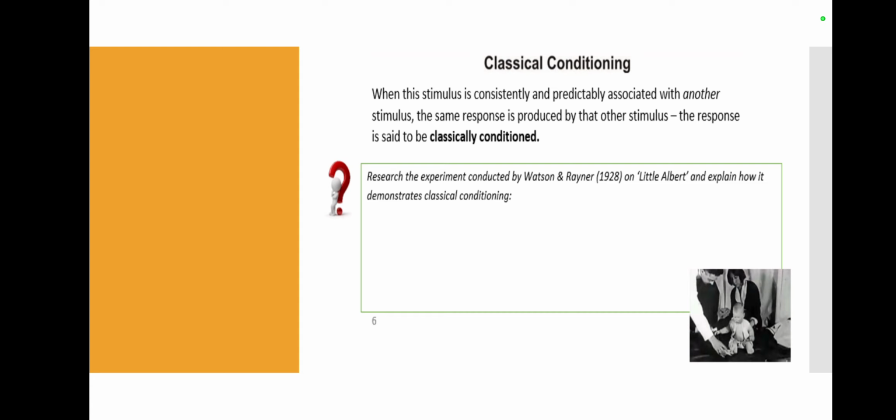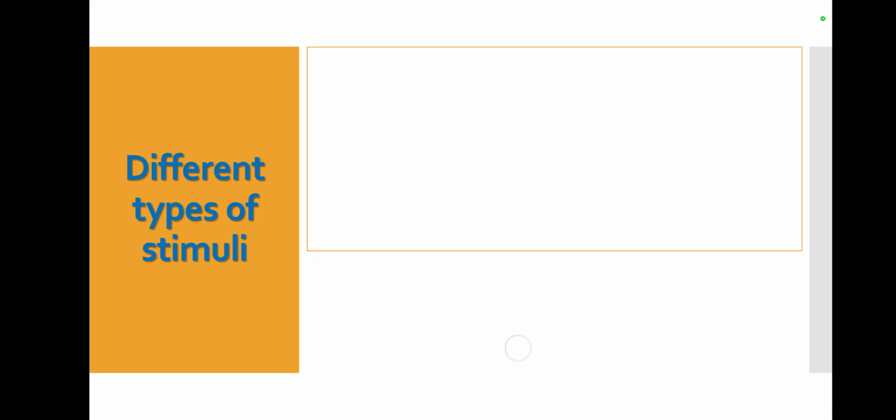Thus, his response of fear is now a conditioned response. It's a learnt response. It's one that he didn't previously have towards that stimulus, but now he has learnt via association that when in the presence of the white rat, his learnt response is fear. So make sure that you've got that filled in on the bottom of page 6.